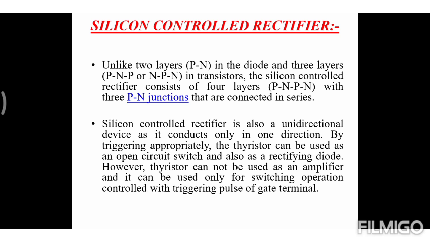That switching is also done by controlled techniques. If you take a diode, it acts as a switch, but the diode is an uncontrolled switch. Here the SCR also acts like a switch, but this switch is controlled. Okay, so how can we control this SCR? By using the gate pulse.